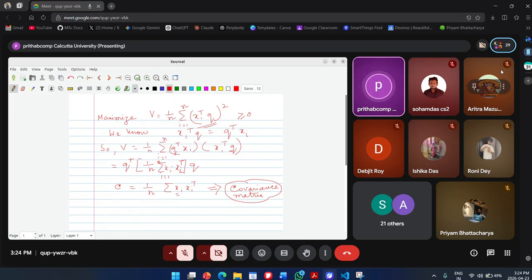Here I've taken it with a single variable, but you can take it with another variable, right? So this is what is going to give you your mean-centered covariance matrix. Now let's look at this.